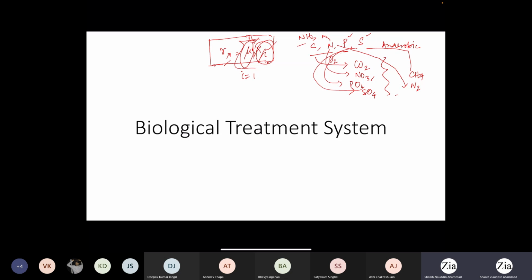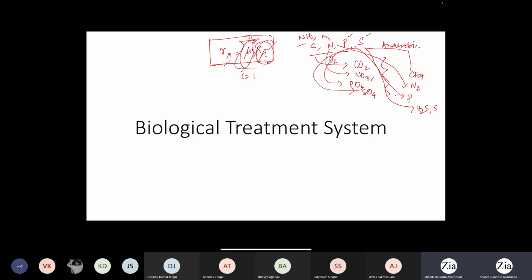Phosphorus, again, you can have B rarely, but you can actually separate this phosphate with the help of some other salt to create precipitation, and then through precipitation. And sulfur can get reduced to H2S, or sometimes even elemental sulfur.